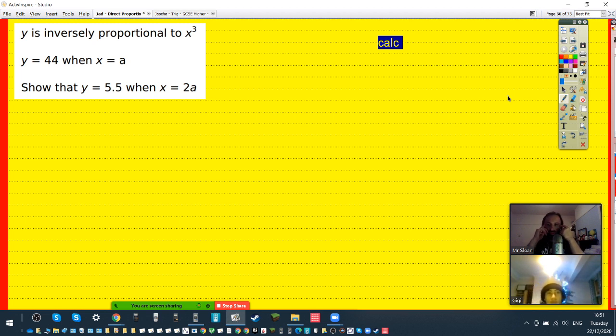So y equals 44a cubed over x. Something's missing. x cubed.